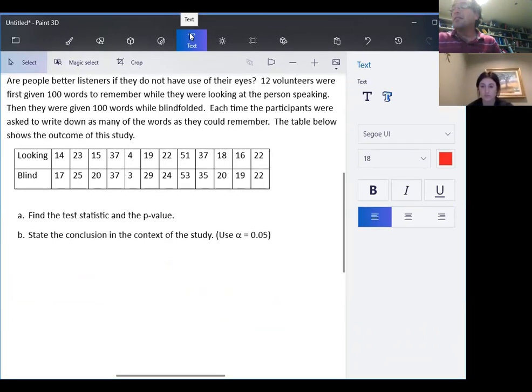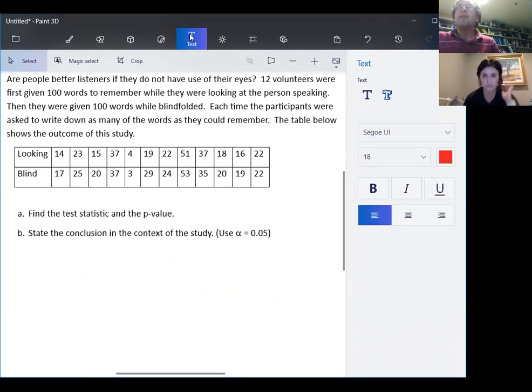We can look at this as a single sample instead of 2 samples. So the way we look at this as a single sample is what we're interested in is how many more words the blindfolded was than the looking for each person. Does that make sense?